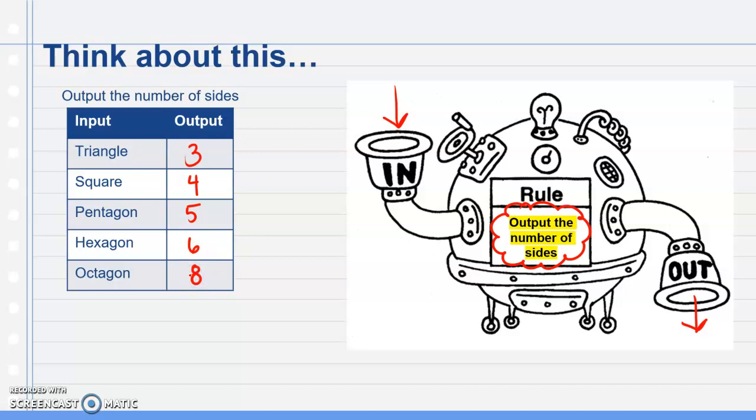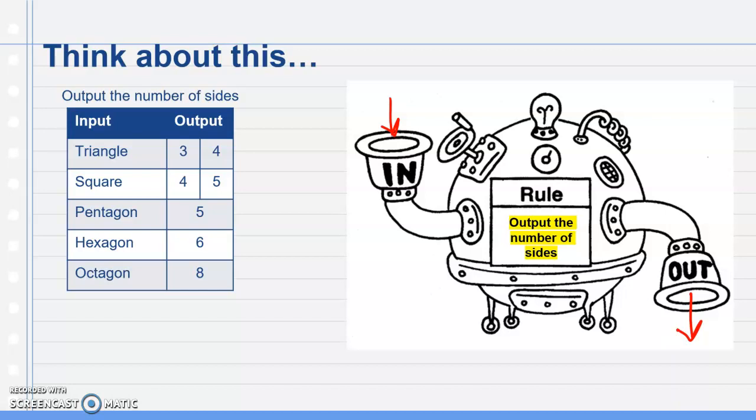Seems pretty easy, right? This is a function machine. What would you think if I changed this table up a little bit, though? And what if we lived in a world where we inputted a triangle and out we got 3 or 4 sides? Like a triangle could have both 3 and 4 sides. Wait, that doesn't seem to make sense.